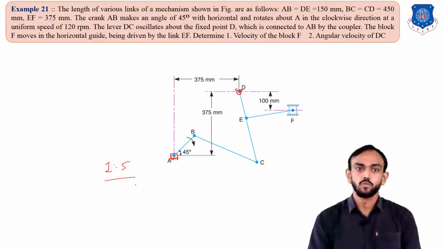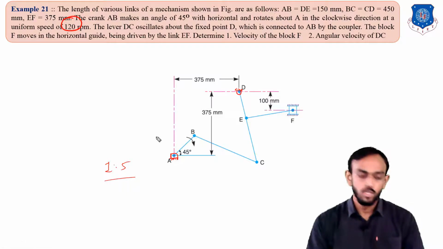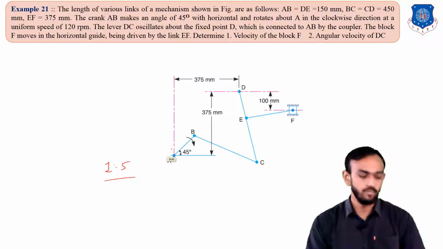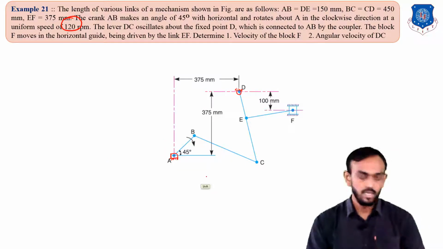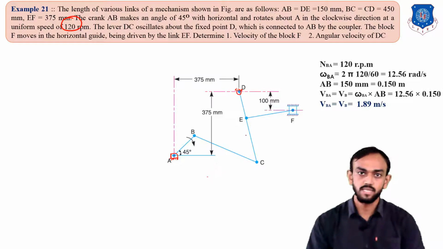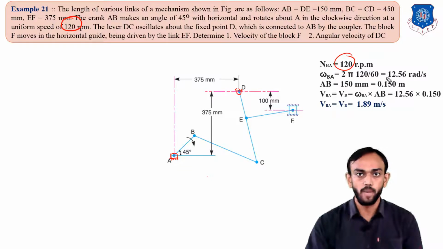For drawing the velocity diagram, we need the velocity of any one link, which is given by the RPM. You can see 120 RPM is given. Using that RPM, we will find the velocity. Check this: 120 RPM, angular velocity of B with respect to A is 2 pi n upon 60.